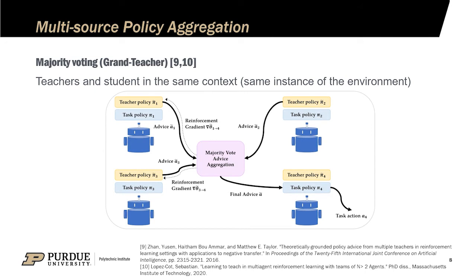Naively, we need to consider an aggregation rule to handle different action advice cases. The most simple one is majority voting rule. The student will take the majority of the action advice as his next action to execute.